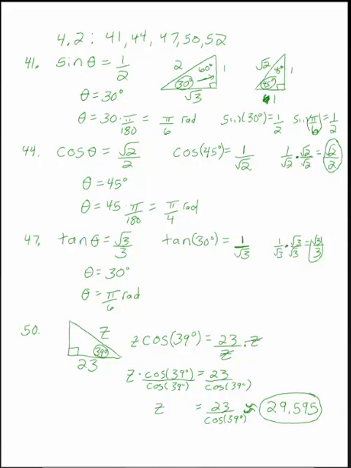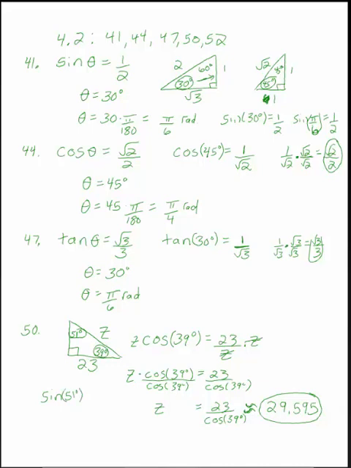Now notice I could have written a different equation here. I could have actually solved for the top angle in the triangle, because all three angles have to add up to 180. So I could figure out that that top angle is 51. And then I could write the equation using that top angle, so I could write the sine of 51 degrees.